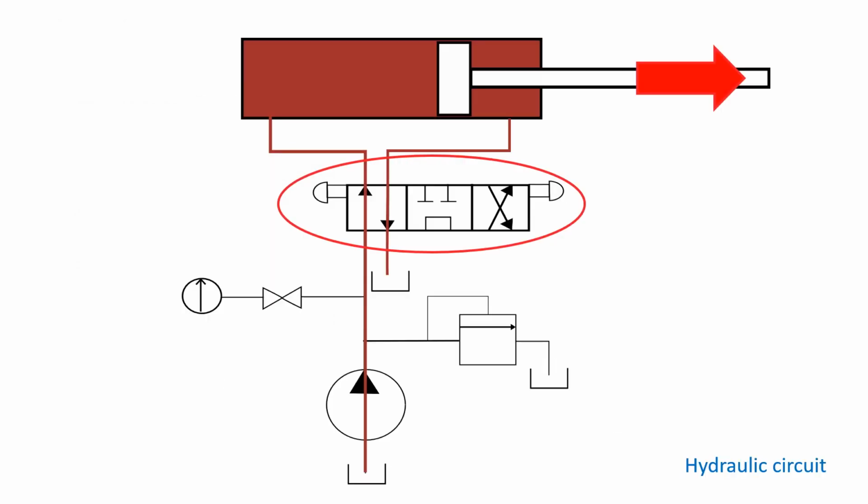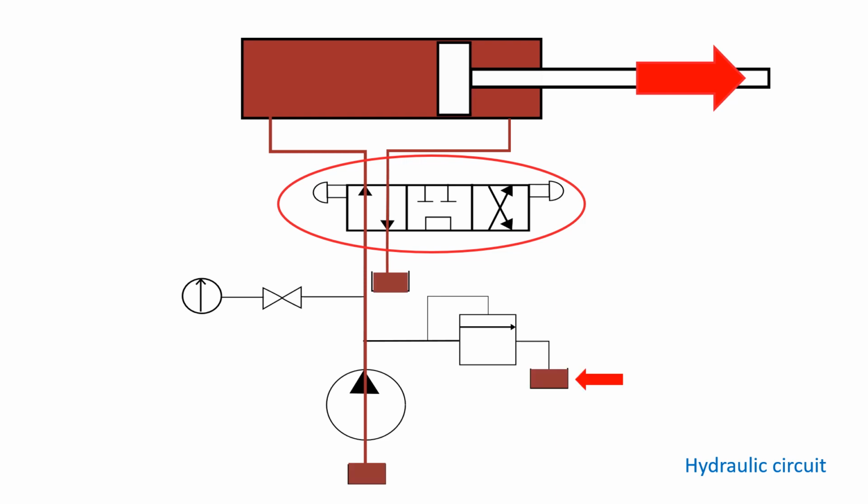A lot of componentry and circuit diagrams for hydraulic and pneumatic systems are very similar. Here's an example of a hydraulic circuit. Here we can see the directional control valve allowing hydraulic fluid to flow into the back of the cylinder, extending the rod.